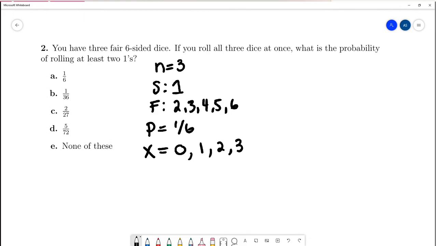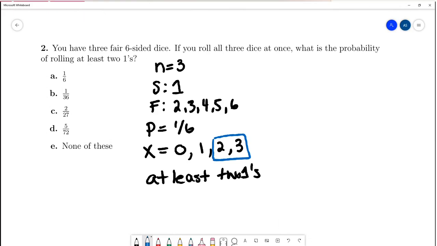So we want to calculate the probability of rolling at least 2 ones. To calculate that, we're finding the probability of 2 or 3 ones.